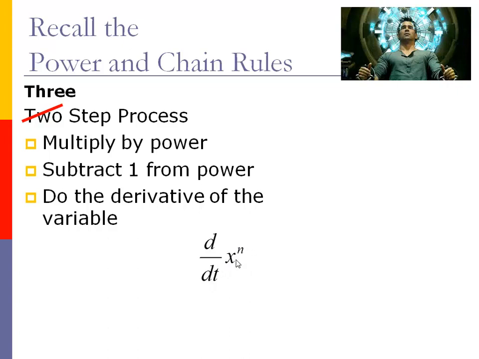I have a formula with x, but now I've got the derivative with respect to t. And remember, n is just a number, just a power that we're playing with. So I'm playing with a t down there instead of an x. How does that change things? Well, we're going to do the same thing. We're going to do our power rule like we did before: bring down the power, subtract 1 from the power.